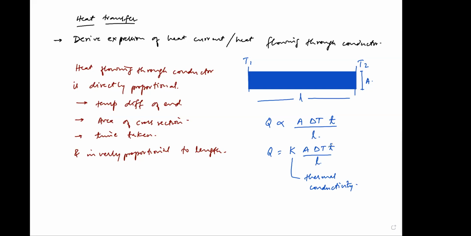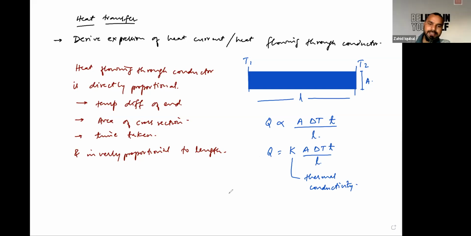Yes. Now move this time to left side. So you'll get Q divided by t is equal to K A delta T divided by length. This quantity, rate of flow of heat through any conductor, is also called heat current, H. So you may derive this particular expression like this, which is other than the concept of electricity.